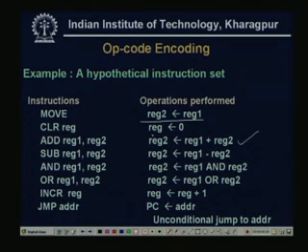Similarly, subtract. The result of subtraction of the content of register 1 and register 2 moves to register 2. That means the content of register 2 now becomes the result of the subtraction. Similarly, AND and OR are two operations: reg 1 AND reg 2, and reg 1 OR reg 2, and the result goes to reg 2.